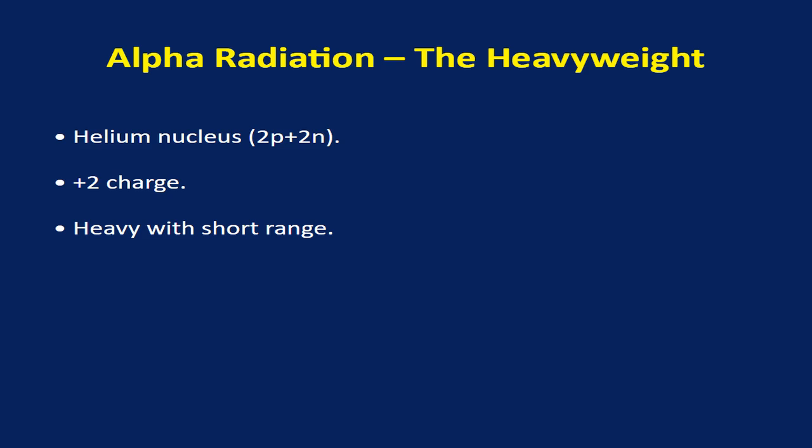It is made of 2 protons and 2 neutrons. It has a +2 charge and is very large. Because it is so big and heavy, it can't travel very far, only a few centimeters in the air.